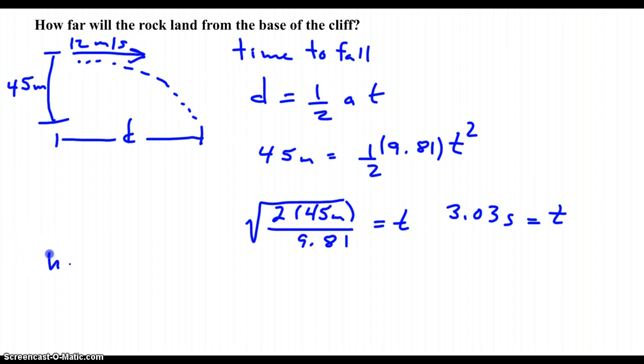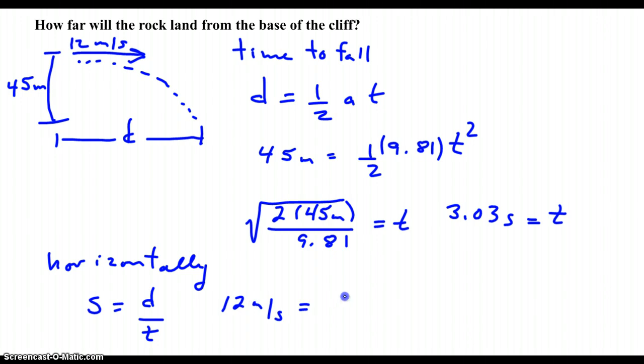So in the horizontal direction now, we know that it's constant speed, and for constant speed, speed equals distance divided by time. The starting speed horizontally is 12 meters per second. That will enable us to find the distance that the rock travels from the base of the cliff.